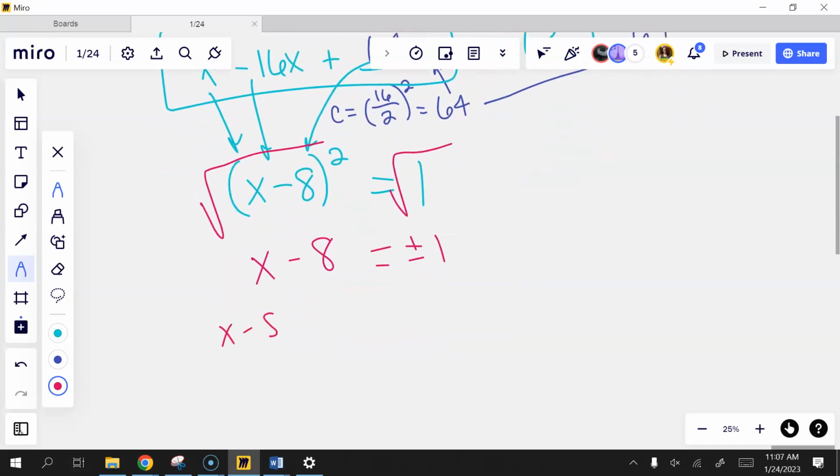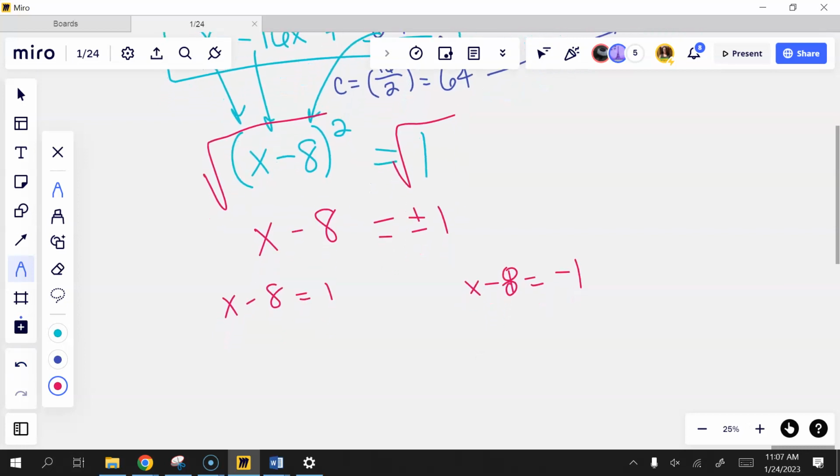So x minus 8 equals 1, or x minus 8 equals negative 1. Solve each one.